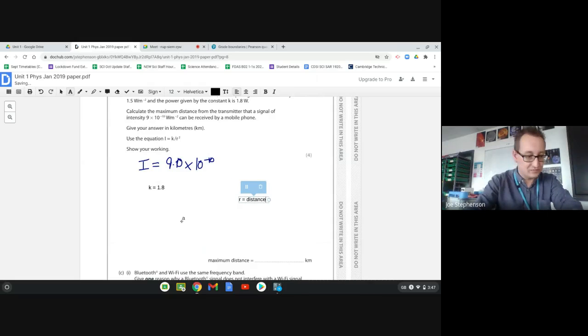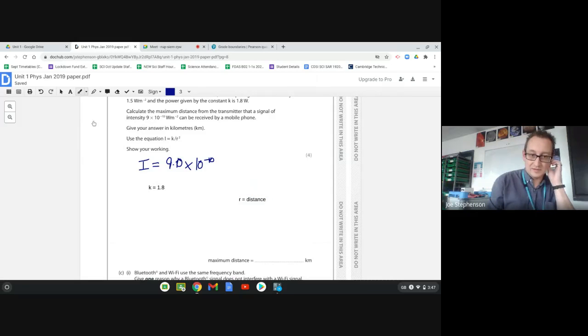So in this case, you're going to put R at the beginning of your formula. R is equal to the square root. If we rearrange this formula, we definitely need the square root because we need to move this squared over.